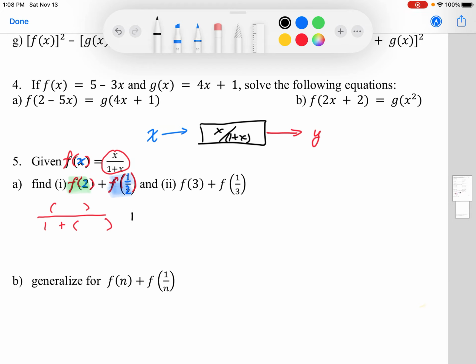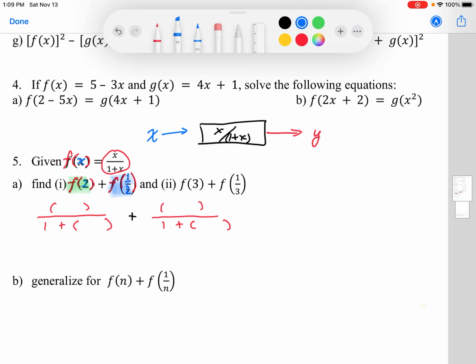For the next portion, if we move over to the blue part, there is f of 1/2. We first have to recognize that we're dealing with a function f, which is the input divided by 1 plus the input, and then we're going to input 1/2.